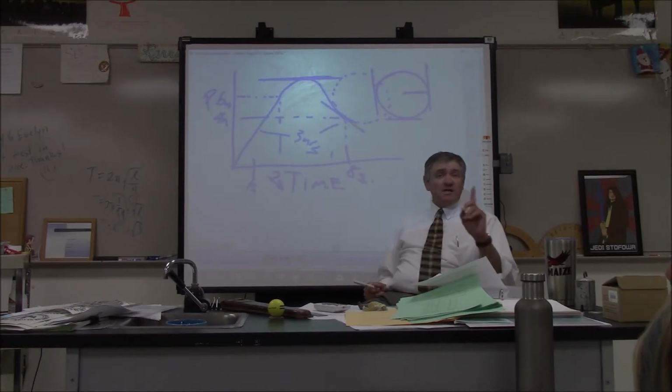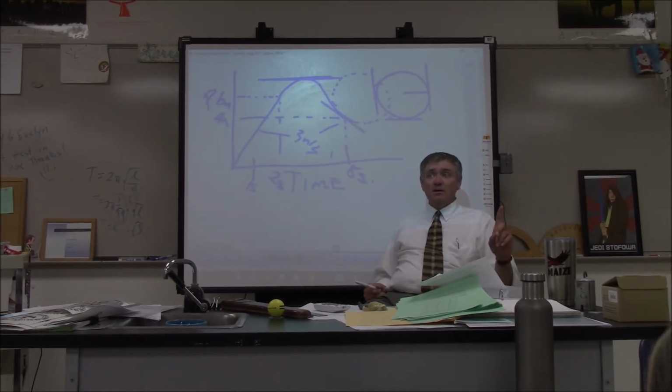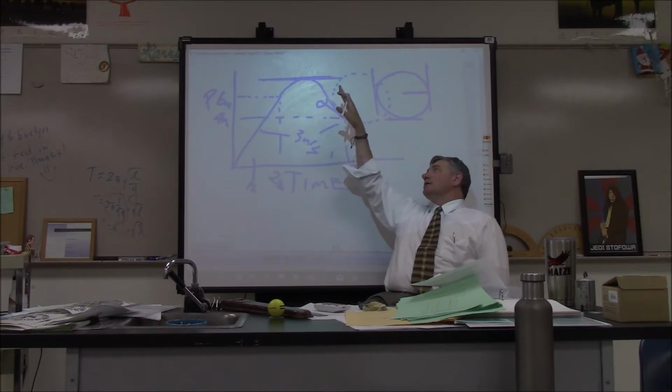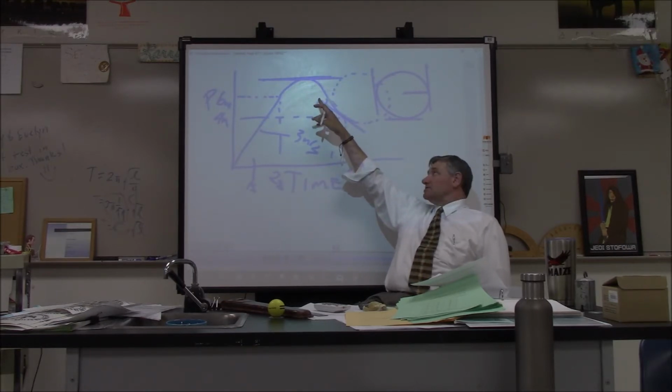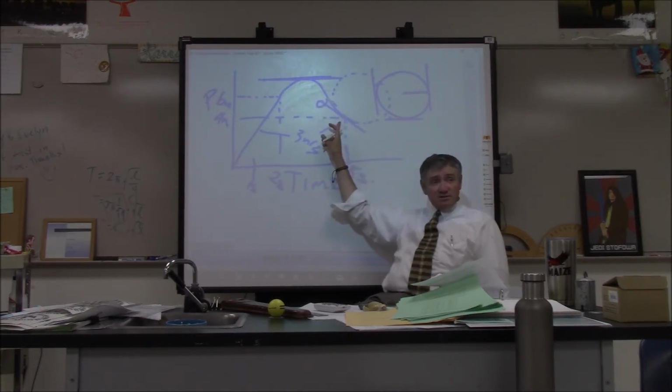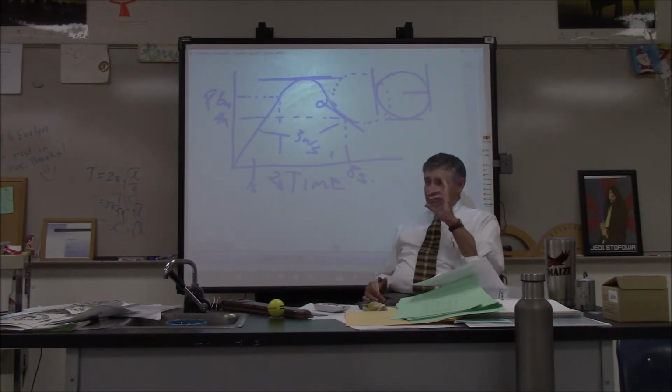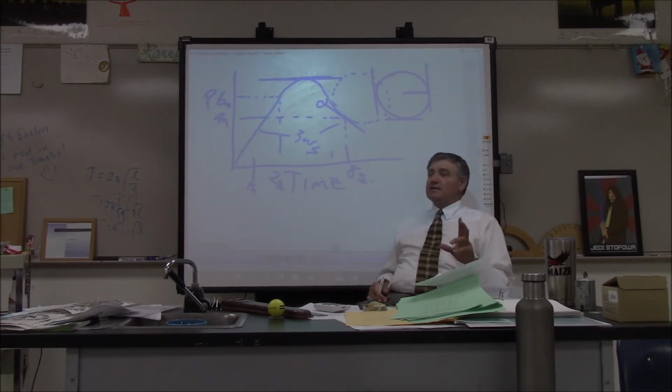But can you use that as 1 point? Yes. But then what are you going to have to do? Oh, you pick another point. So you're going to pick another point on that line and say, okay, I'm going to use this as 1 point, and I can use this as the other one, and then I'm going to find the slope of that line. So on your assignment and on the test, I'm going to give you a specific point in time and say, what is the instantaneous velocity at that instant?